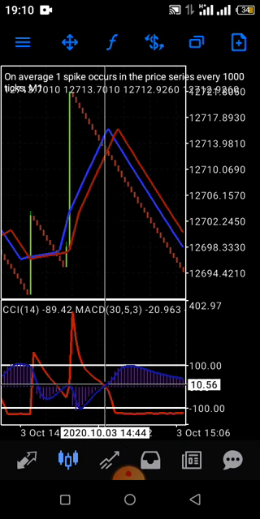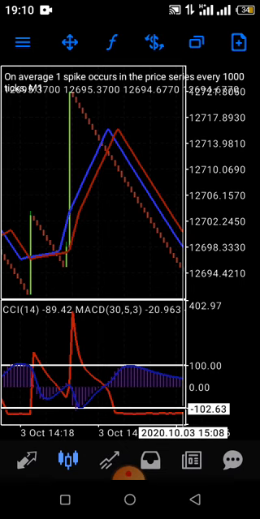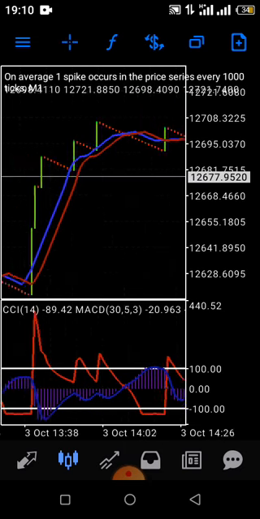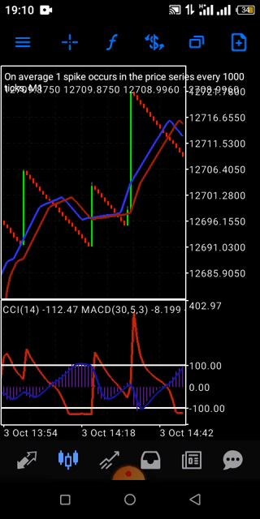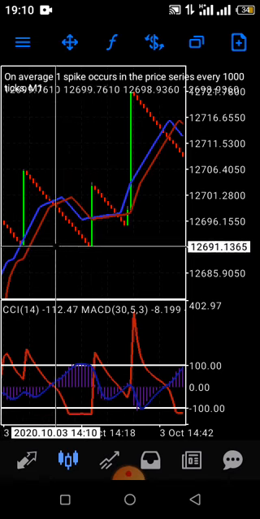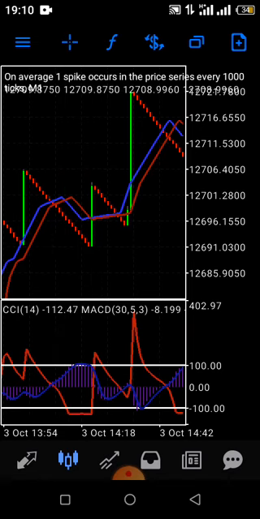When it meets the red channel index, it will go down, then hit the oversold zone. From there, you come out. The safest for you to trade, I think, is 2 minutes. 2 minutes is the safest, but I want to show you something.